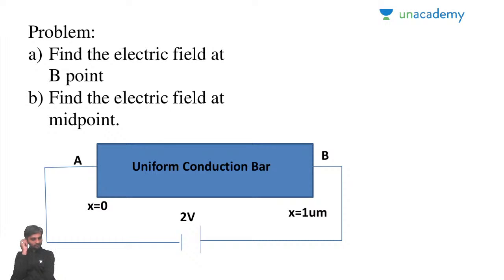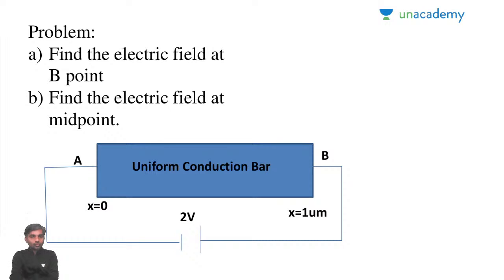There is a uniform conduction bar of 1 micrometer length, which is applied a voltage of 2 volts. Find the electric field at point B and at the midpoint.